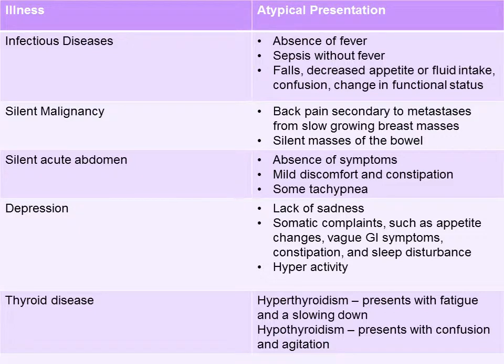Infectious diseases, for instance, may present with absence of fever. They can even be septic and still not be febrile. They can have falls, decreased appetite or fluid intake, confusion, change in functional status. I think we reviewed most of this at the beginning of the slide, but I just put it in a table for you so it would be easier for you to study.